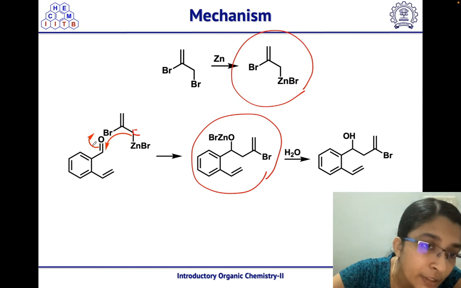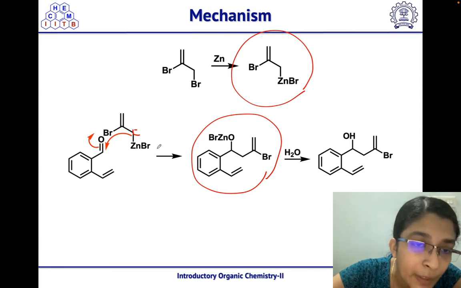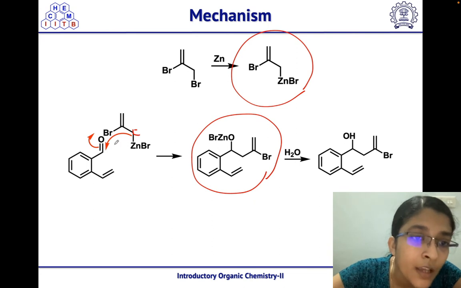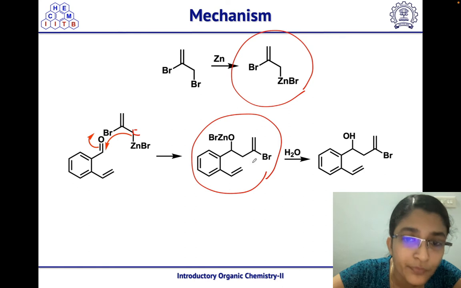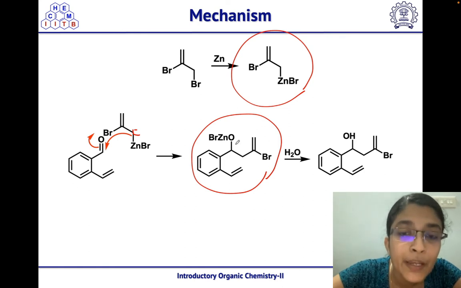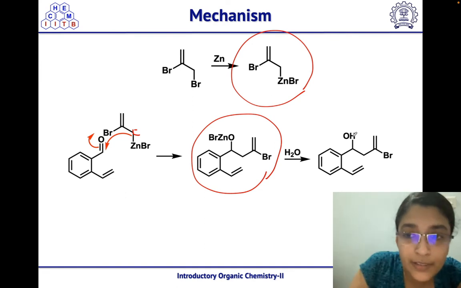Then this electron density will shift and O minus will be generated. So here there will be Zn plus, and that O minus will abstract that Zn plus species. So we will get this intermediate and upon doing workup with water, this ZnBr will be removed and we will get hydroxyl group. Sorry, this is OH.